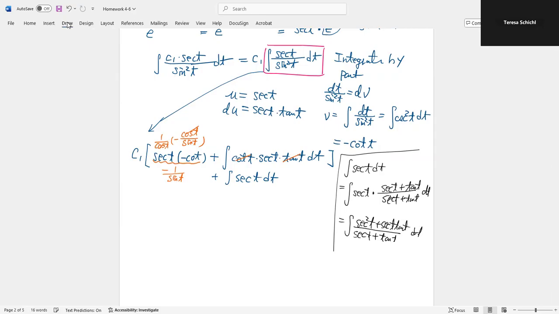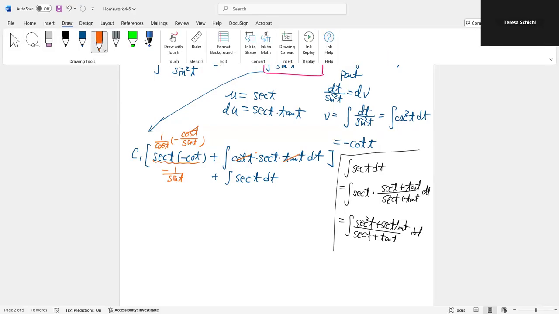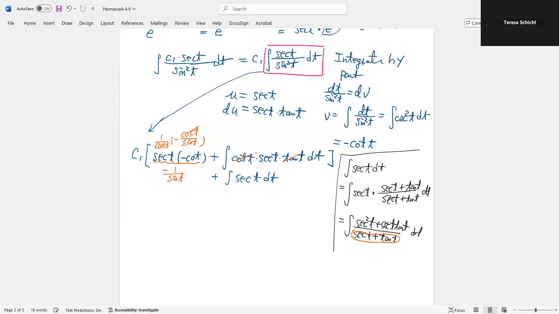Now you can use u-substitution. You can say u is equal to secant t plus tangent t, and then du will be secant t tangent t plus secant squared t dt. So all of this becomes du.